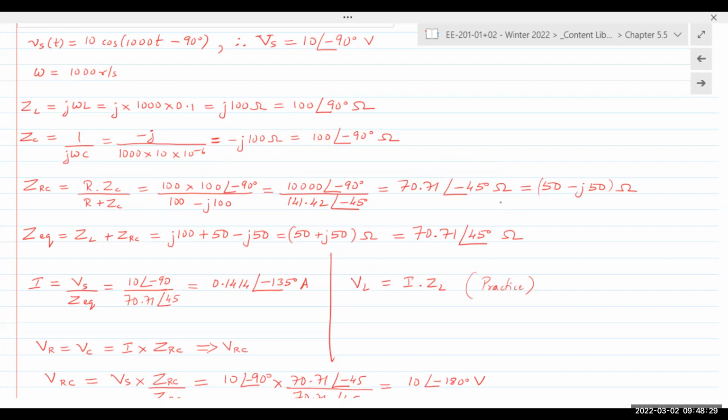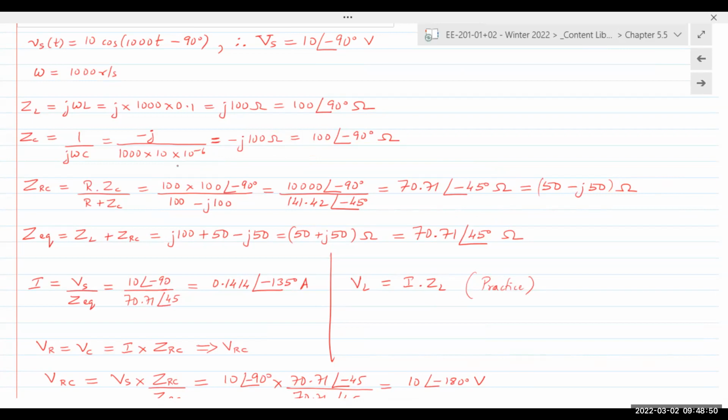R plus ZC is 100 minus j100. In order to perform this division, R times ZC divided by R plus ZC, I need both the numerator and the denominator to be in polar coordinates, and hence that extra step.